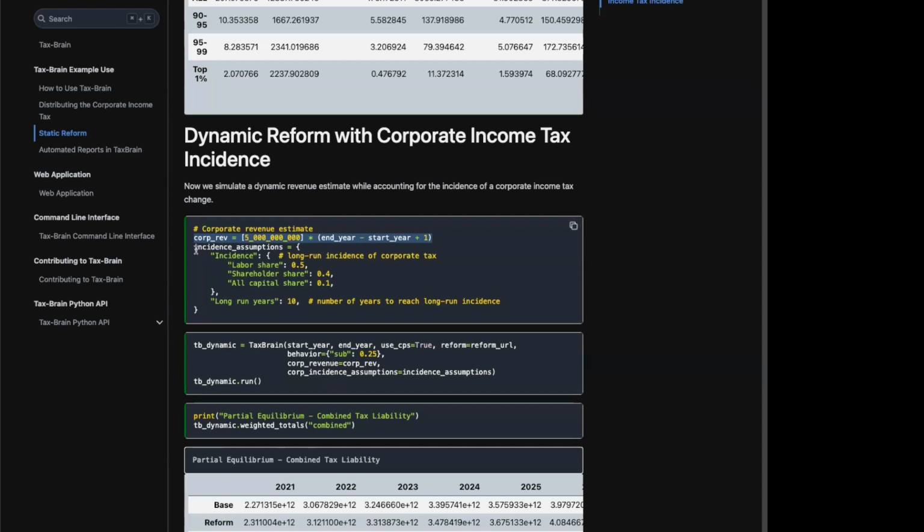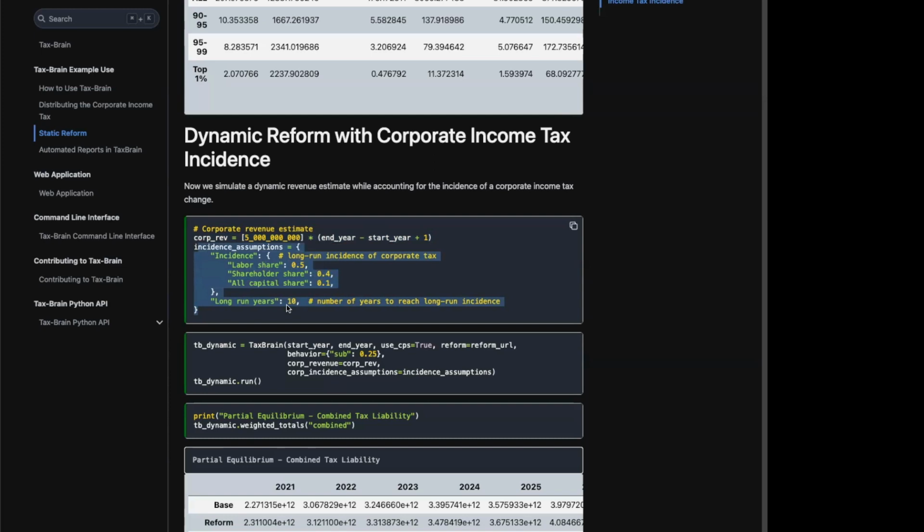Next is that incidence assumptions dictionary, where we're specifying that in the long run, labor bears 50% of the burden, owners of corporate capital bear 40%, and owners of other capital bear 10%. And then we're saying, okay, how long is it going to take to reach that long run incidence? We're assuming here 10 years.